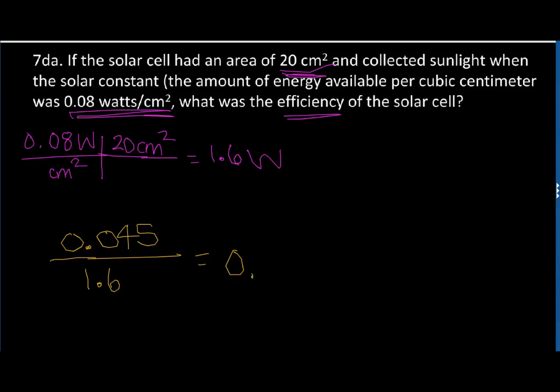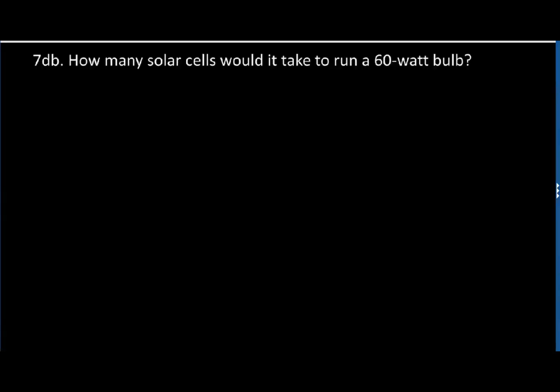I'm going to get 0.02, and we'll multiply that by 100, and it's going to be 2.8%. That's a pretty small efficiency, but we're talking about capturing light from the sun, so it's very difficult to be very efficient.